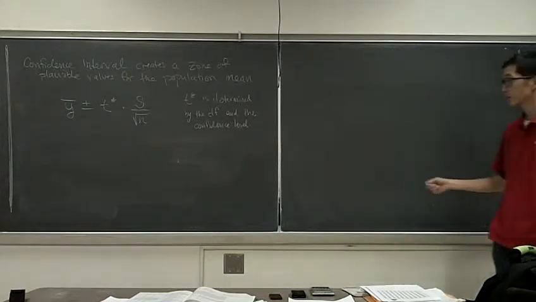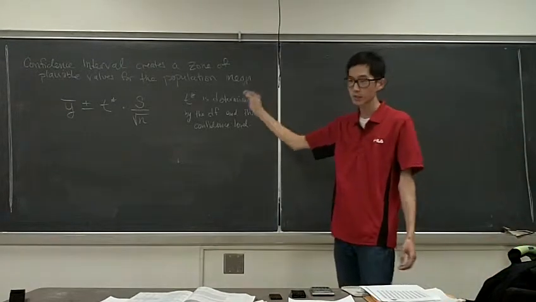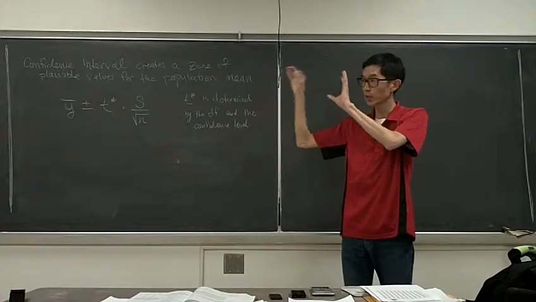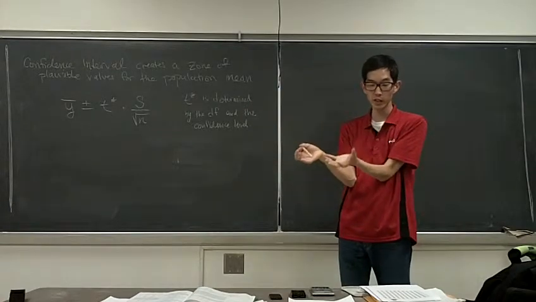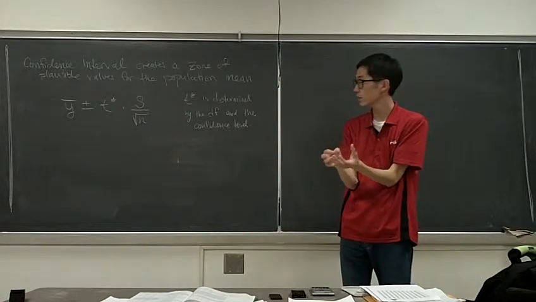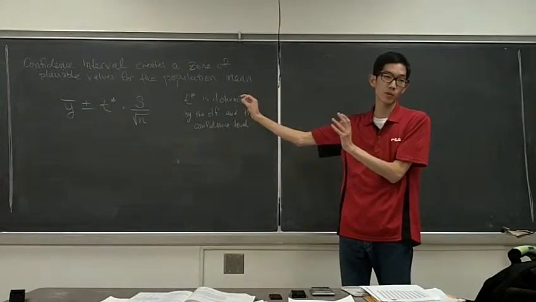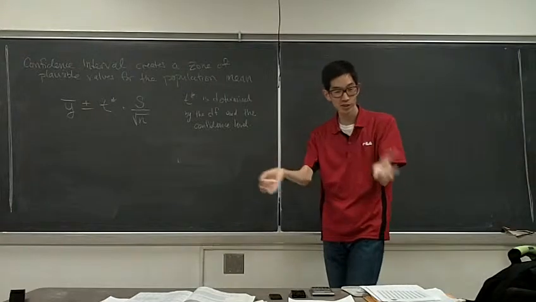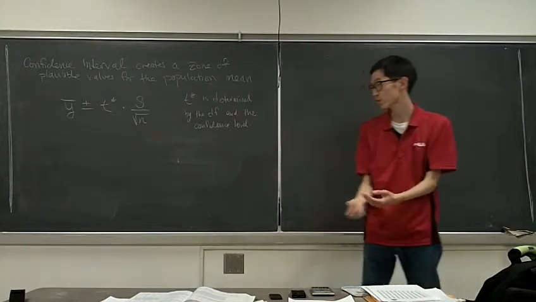This was our first bit of inference, because here all we are doing is observing data. We took a sample, we have a sample of data, and we're using this to create a zone of plausible values for the population mean. So this is our first thing of inference here.